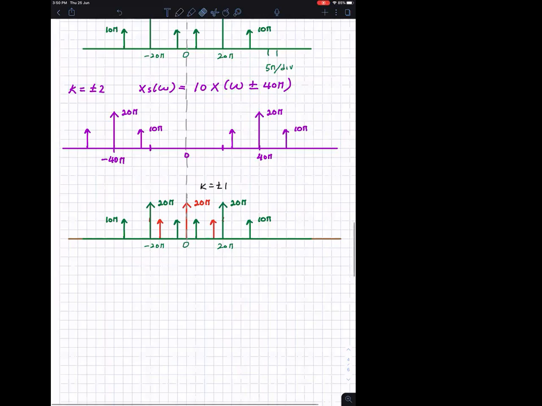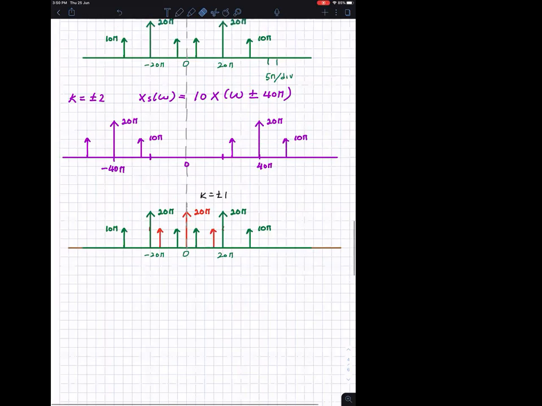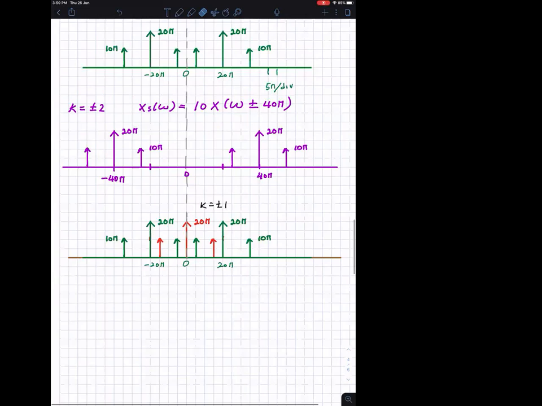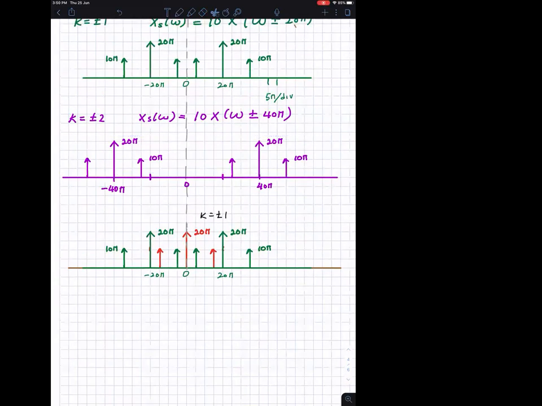So now when k is plus minus 2, the one in purple will be added to. Just copy and then paste.